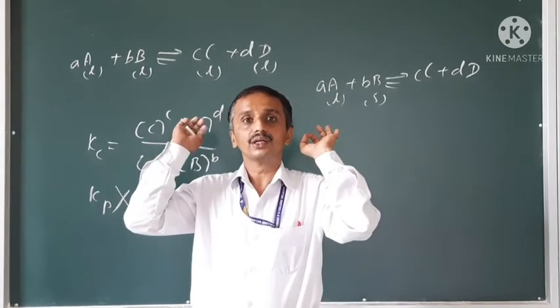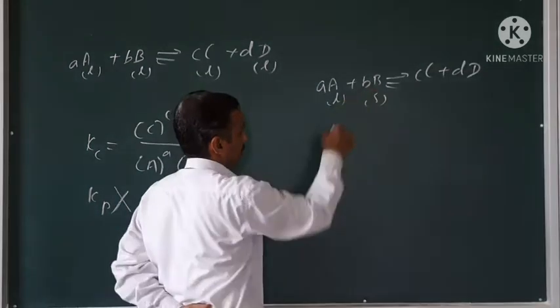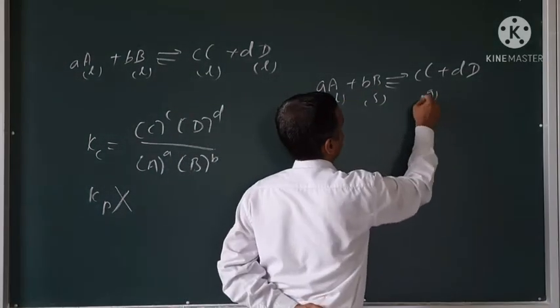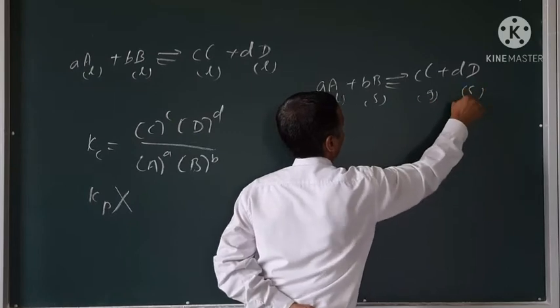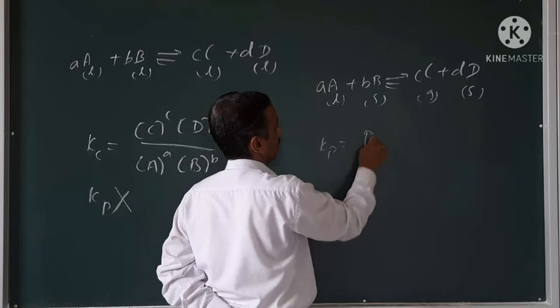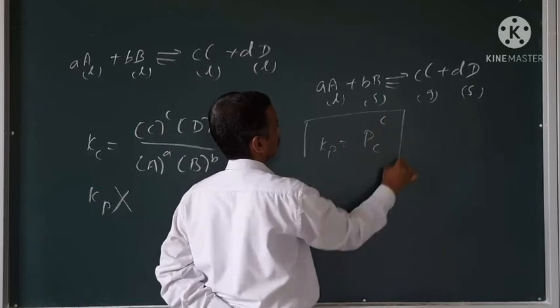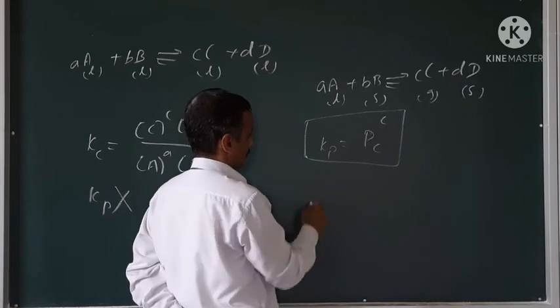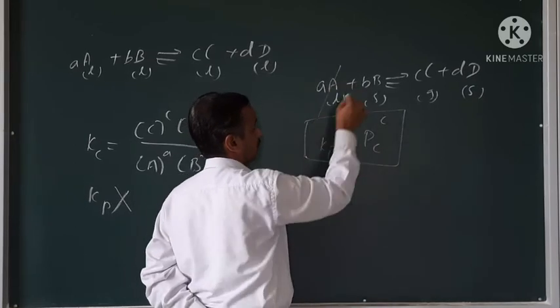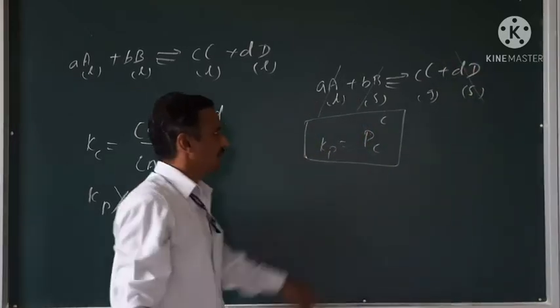I have to take the concentration as unity. And for this, if I write, say, this is gas, this is solid, then Kp will be Pc to the power c. This is not considered, this is not considered, this is not considered, only this should be considered.